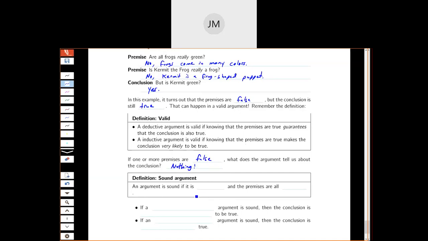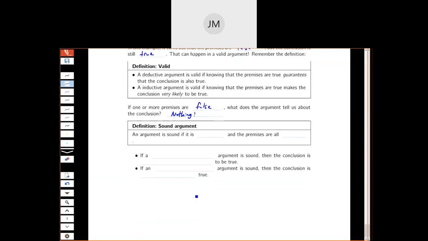Now let's get to sound. That was sort of reviewing valid, and now we can contrast that with sound. An argument is sound, that's what we're defining here, if it is valid and all the premises are true.